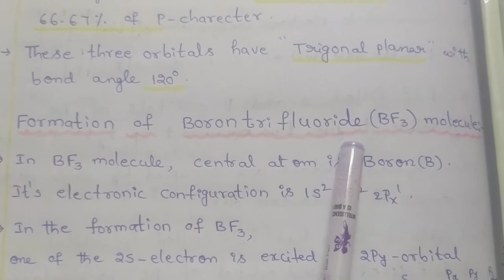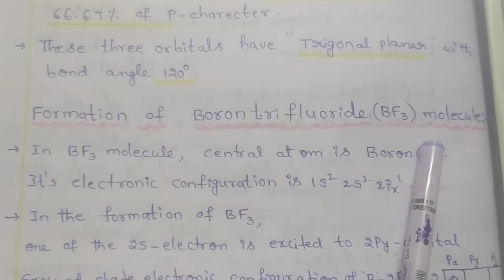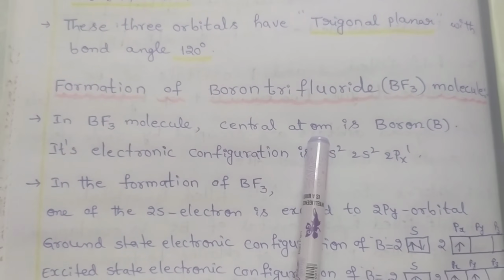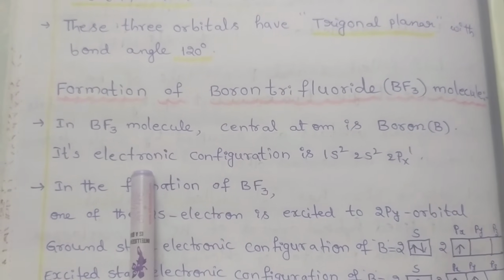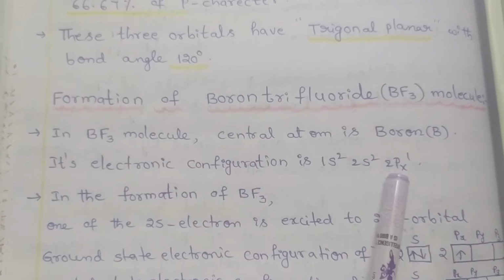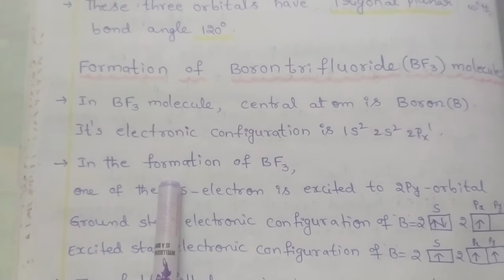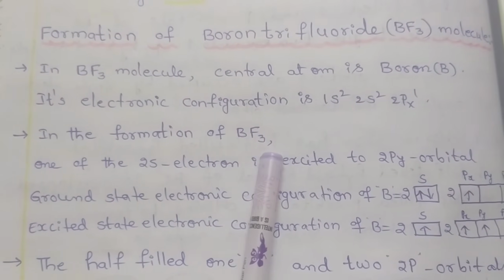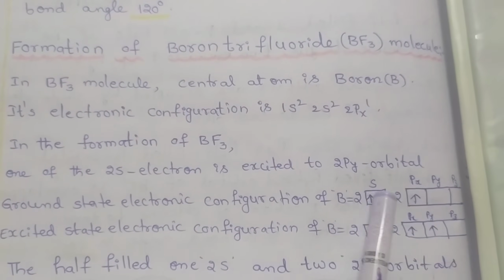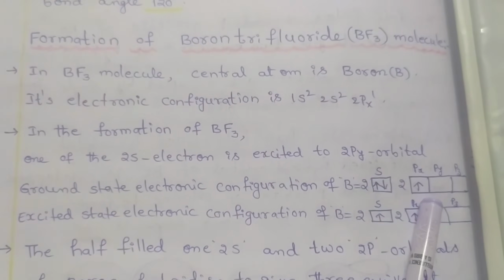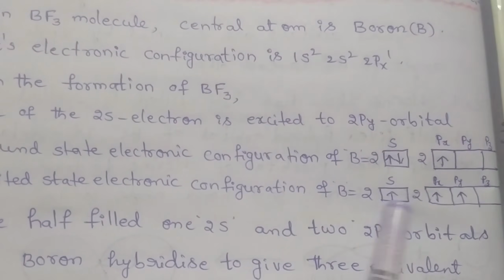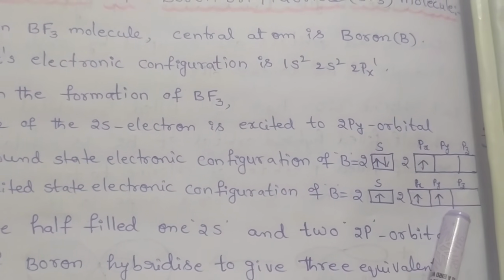Formation of boron trifluoride molecule. In boron trifluoride molecule, the central atom is boron. Its electronic configuration is 1s2, 2s2, 2px1. In the formation of boron trifluoride, one of the 2s electrons is excited to 2p orbital and forms one half-filled 2s orbital and two half-filled p orbitals.